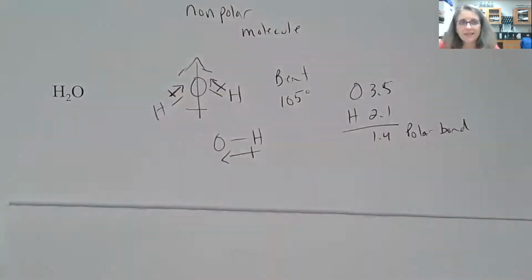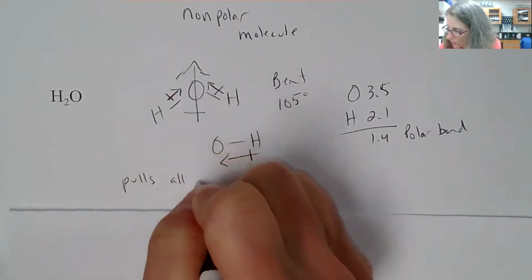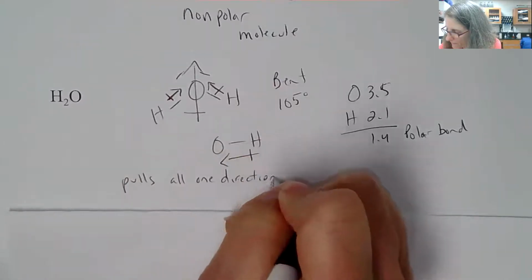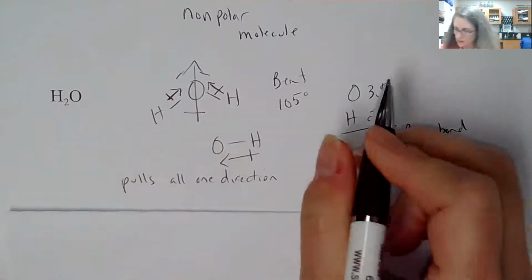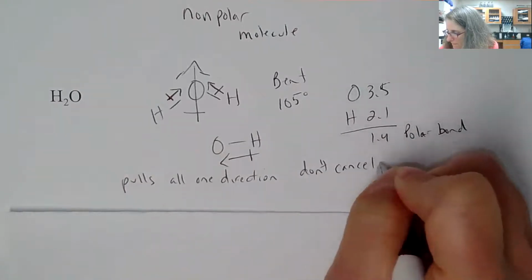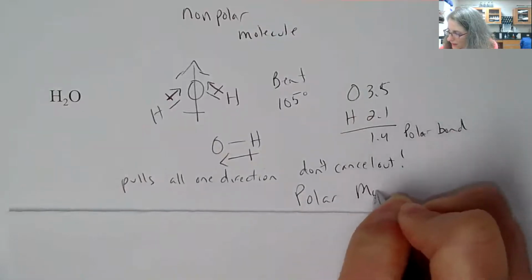So I could draw what we call a dipole arrow for the molecule, because all of those pulls are going in one direction. So they don't cancel out. This makes it a polar molecule.